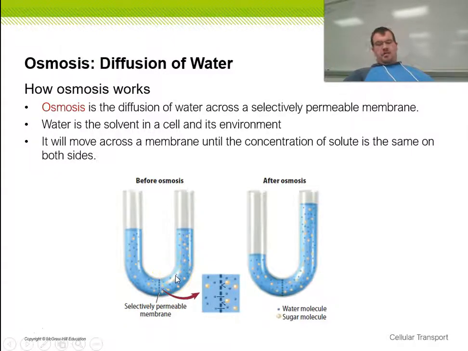So what our cells will do to combat that is move water from the left side over to the right side, which is why you see more water here. Why? Because it's easier to move that water across the membrane than to move those ions through the cell.